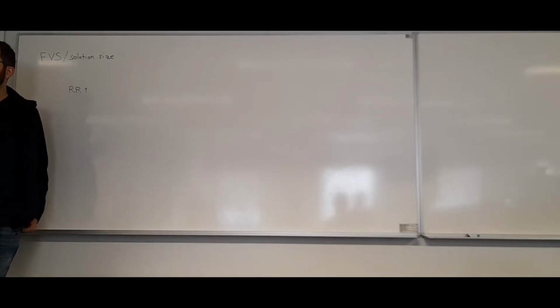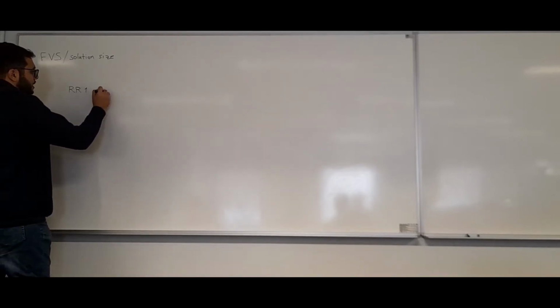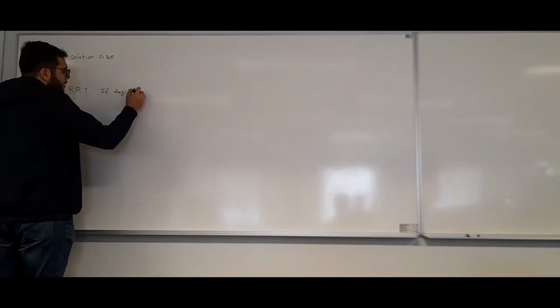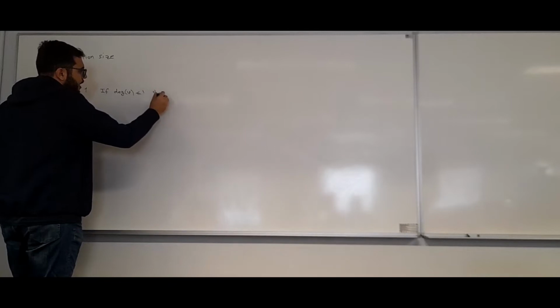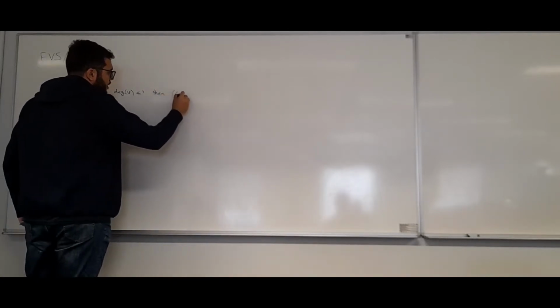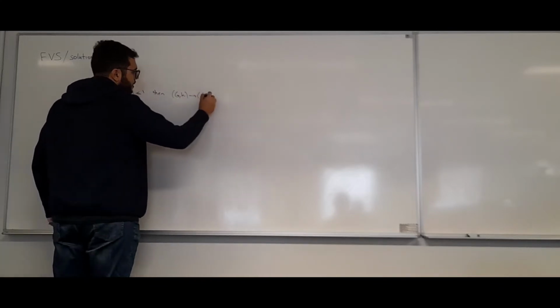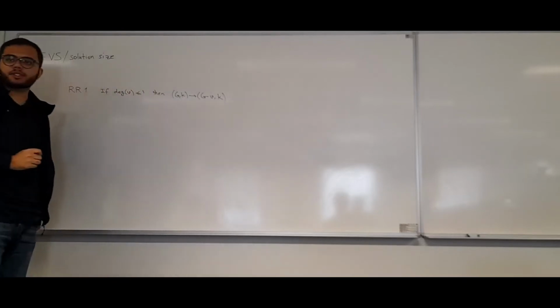Similarly, if I have a vertex of degree 1, there is no way that vertex can be part of a cycle, so I can just remove it. So my first reduction rule was that if the degree of some vertex V is less than or equal to 1, then I take my instance (G, K) and turn it into (G minus this vertex, K). I'm not putting the vertex into my solution.